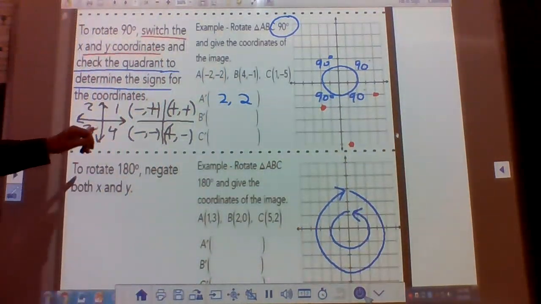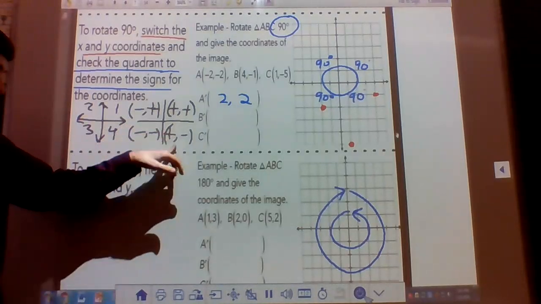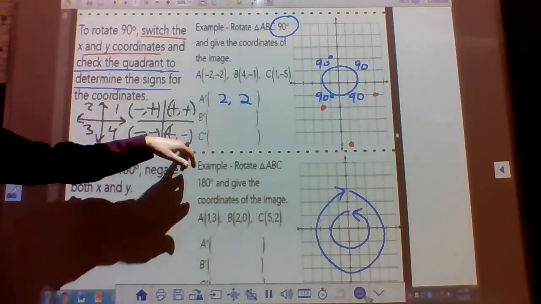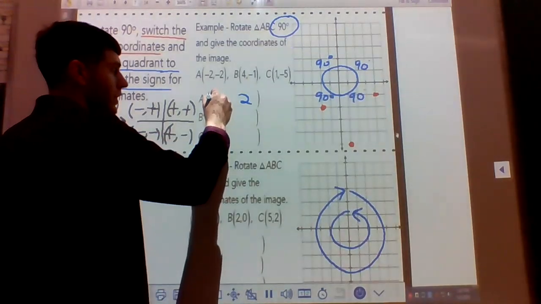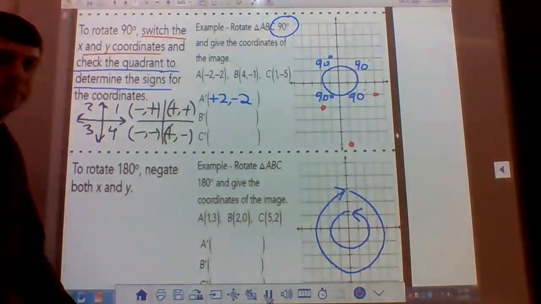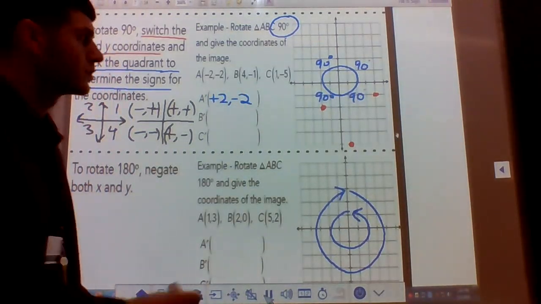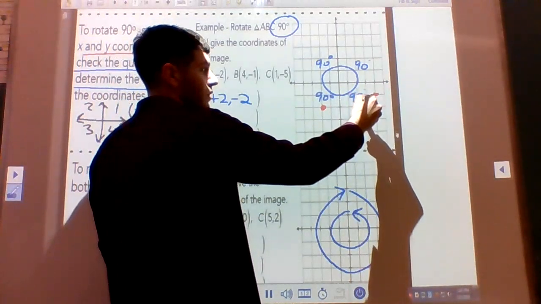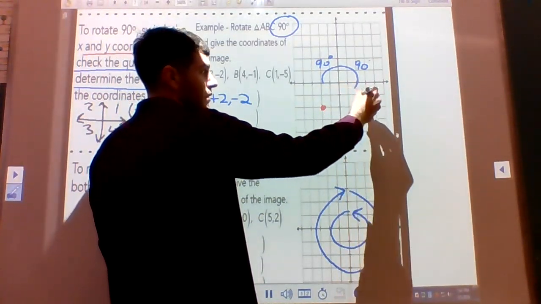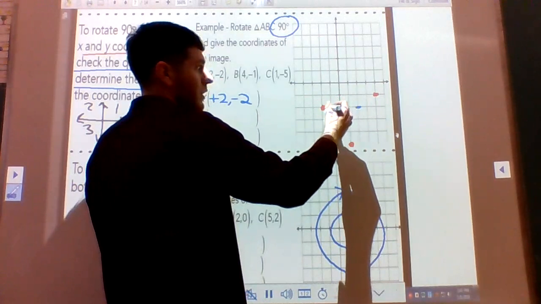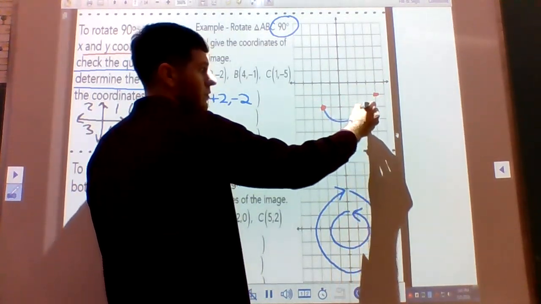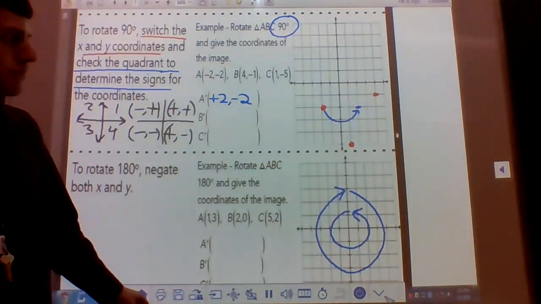So we look over and ask, what are the signs for quadrant 4? The signs for quadrant 4 are positive and negative. So we're going to have a +2 and a -2. So 2, -2. So we rotated 90 degrees.